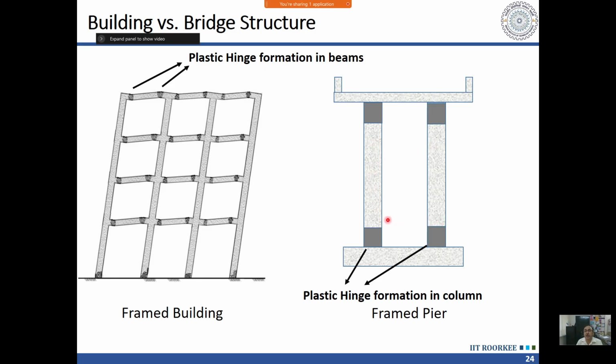That's why, if we recall, in case of AASHTO the response reduction factor for columns or piers was much less, but for framed piers it was much larger, 5 was given there. So it depends a lot on which member we are allowing to yield and what ductility is available in that member.